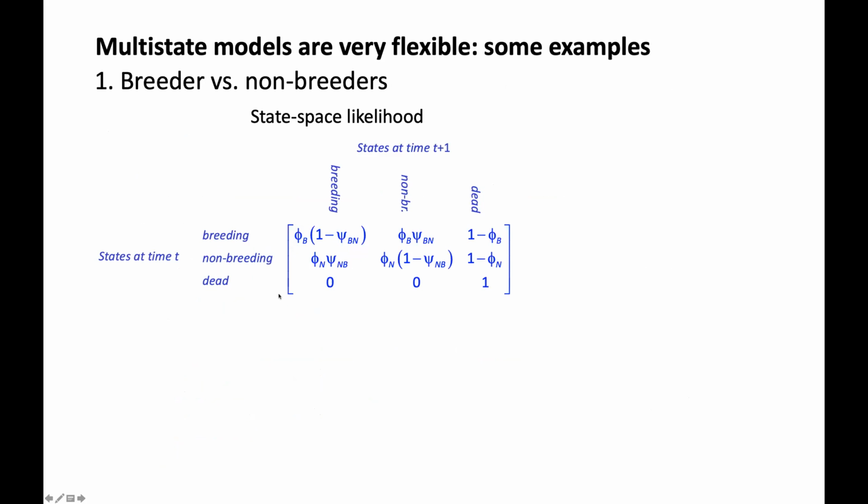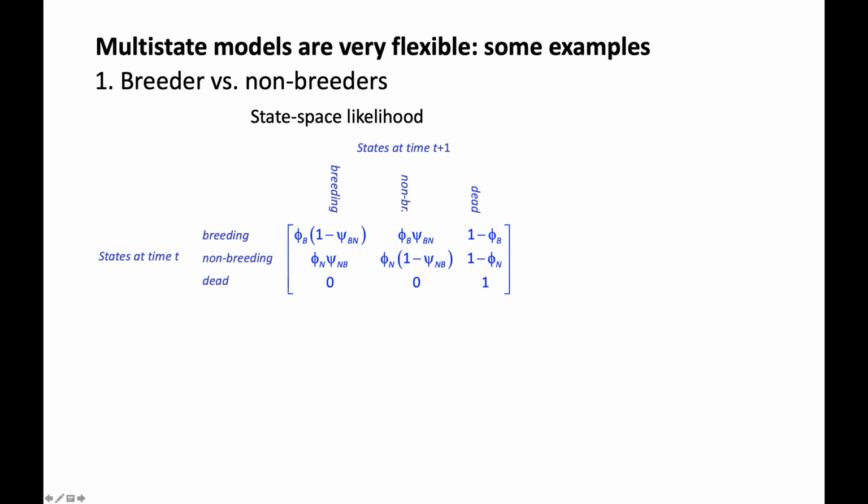Okay, let's have a look at more interesting examples, examples that really justify the use of multistate models. So we saw examples with sites, geographic locations, and dispersal between those locations. But as I said, instead of sites, we can have states, for example breeding states, breeding and non-breeding, for birds or whatever.